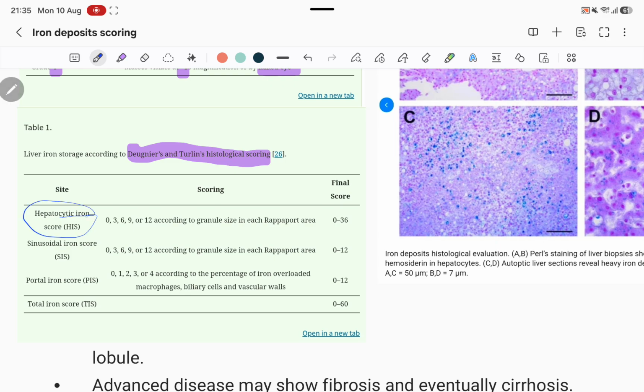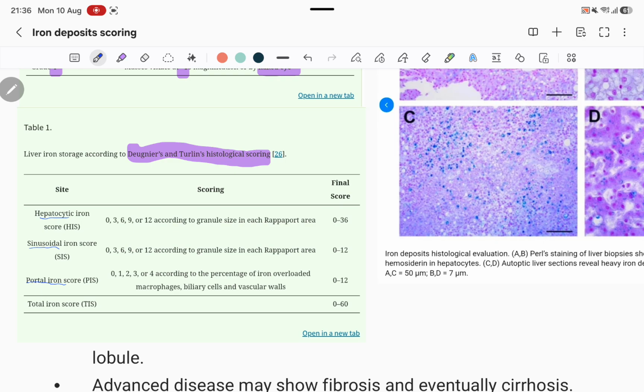Hepatocytic iron score, okay? So with the Dugner and Turlin histological scoring, so DNT histological scoring, they are more specifically talking about where exactly this iron is. Is it at the hepatocytes? Is it at the sinusoidal areas? Or is it at the portal iron, portal tract?